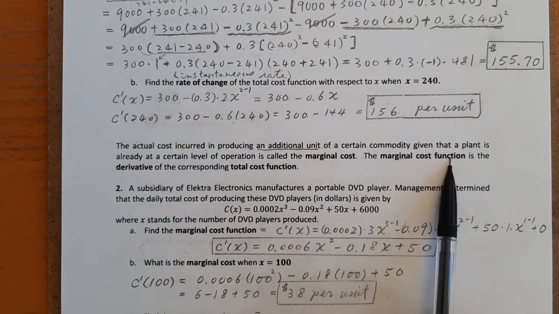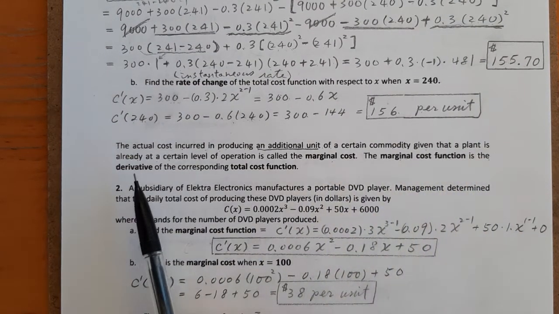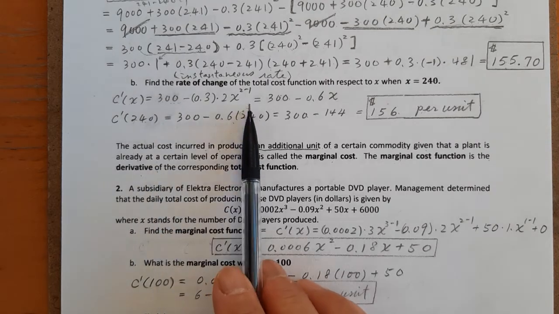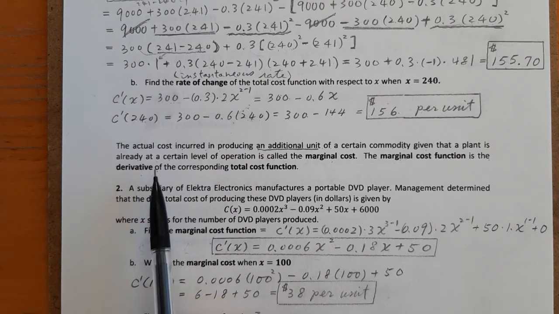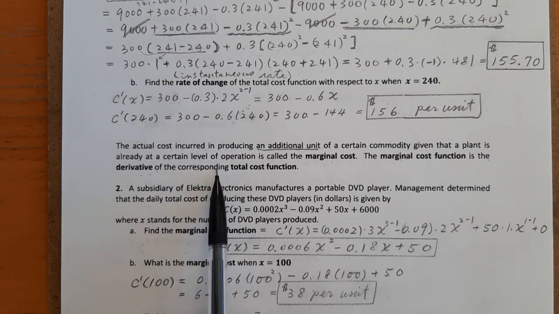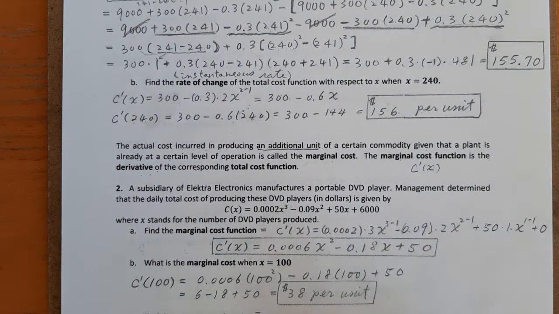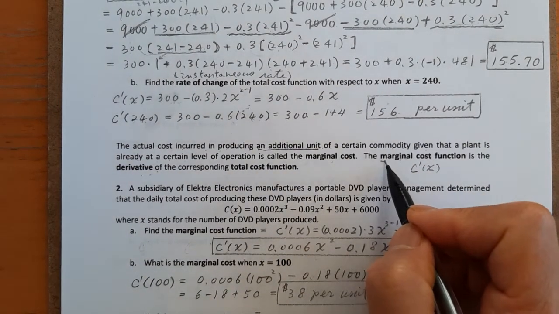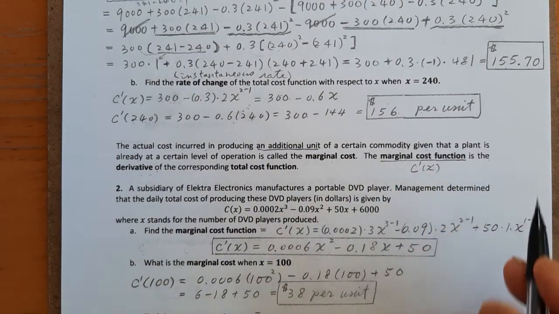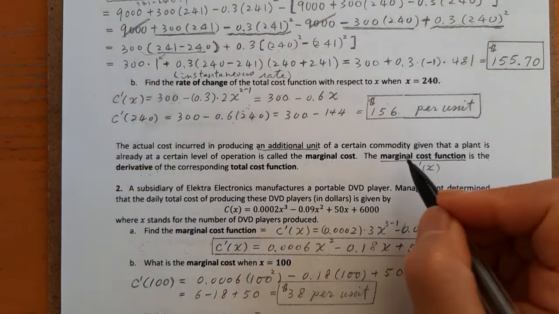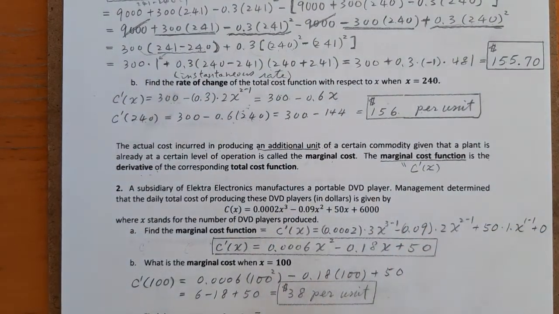Now, the marginal cost function is the derivative of the corresponding total cost function, which is C prime of x. So the total cost function is the C function, and taking its derivative gives the marginal cost function.